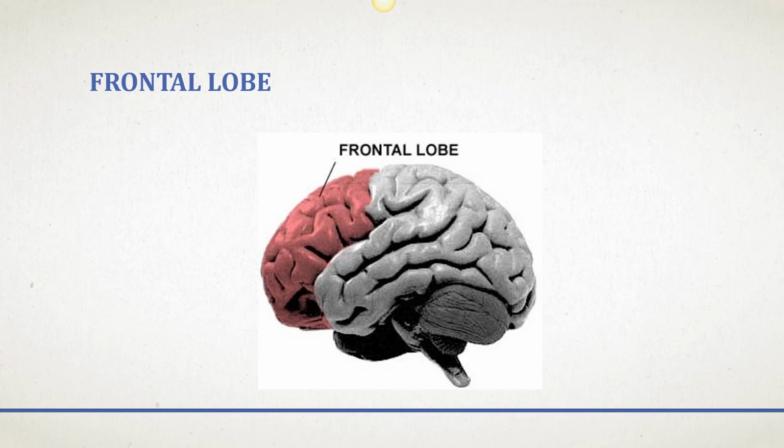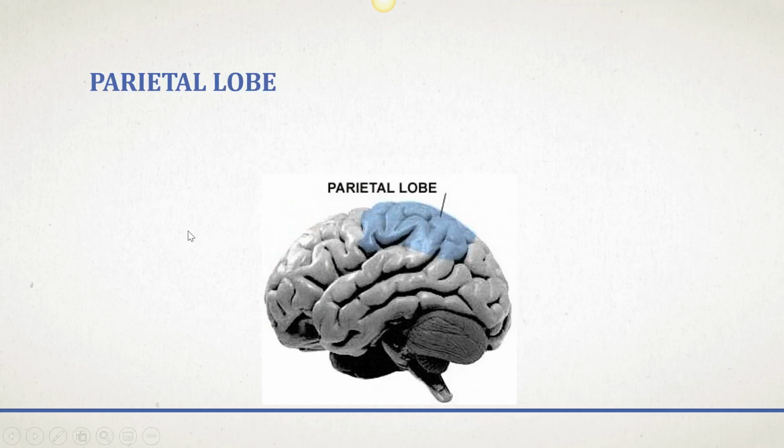So now we go through some of the major lobes of the brain. The frontal lobe is responsible for higher level thinking, memory, information storage, and retrieval. In addition to knowing what it's responsible for, you need to know where it's located, so it's highlighted here in red. The parietal lobe is primarily responsible for the interpretation of sensory information, such as touch.